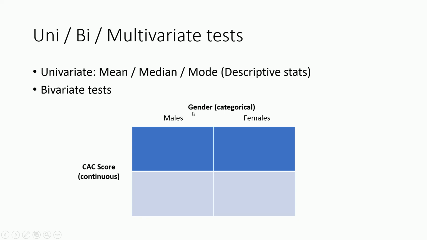So as explained earlier, for example, in this case, gender is present on the x-axis, and CSE, which is basically calcium scoring system on the coronary vessels, for example, is a continuous variable and it's present on the y-axis. So we've got essentially two variables, gender and CSE score, and the relationship between them or any test that we perform will be called bivariate tests.